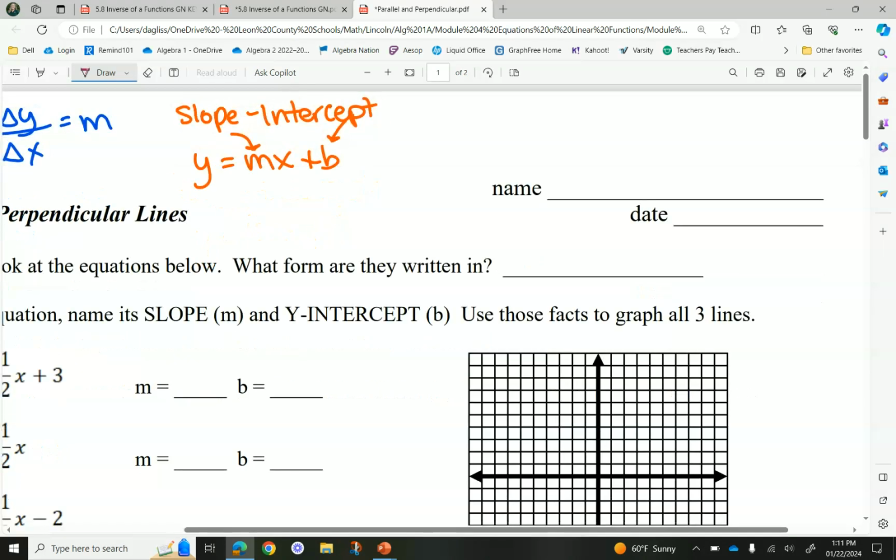I'm going to zoom in a little bit here. Point slope was when we did y minus y1 equals my slope times x minus x1, where the pieces in black, those were always there, right?